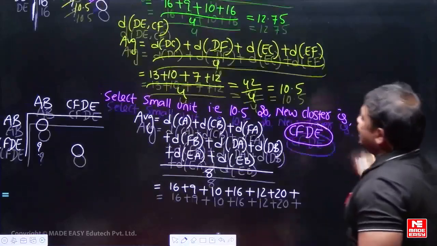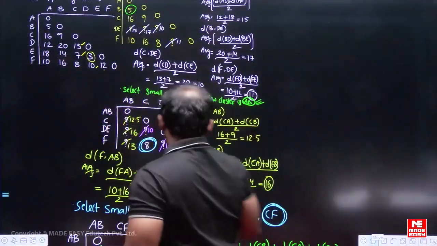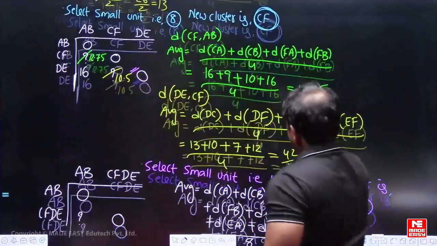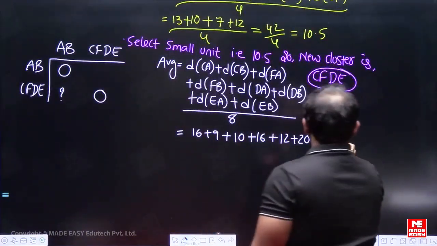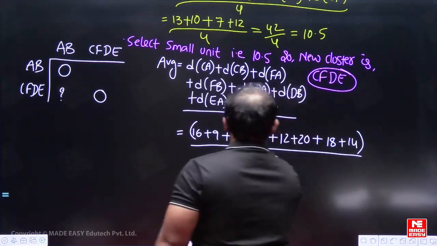Then EA, EB: EA 18, EB 14, so 18 plus 14, divided by 8.